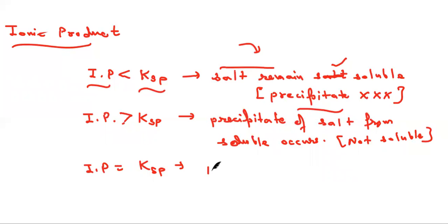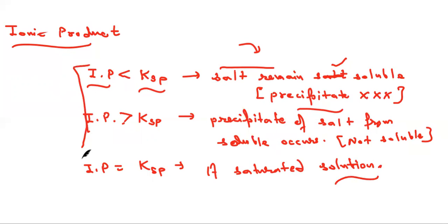So its simple meaning is a saturated solution will get formed. So here are three phenomena which you need to remember. It will help you in solving various types of questions. Any single doubt here?